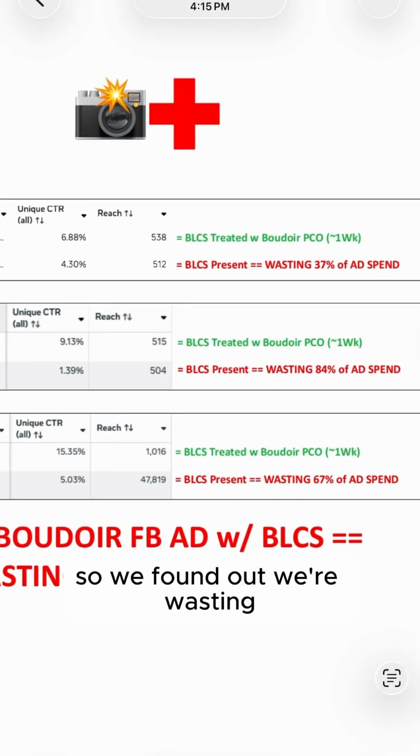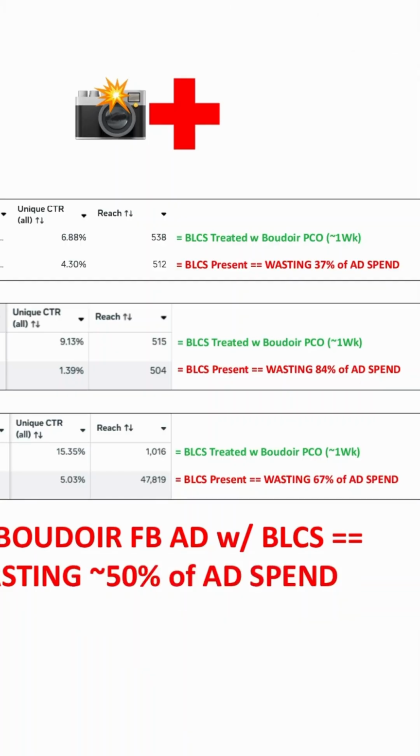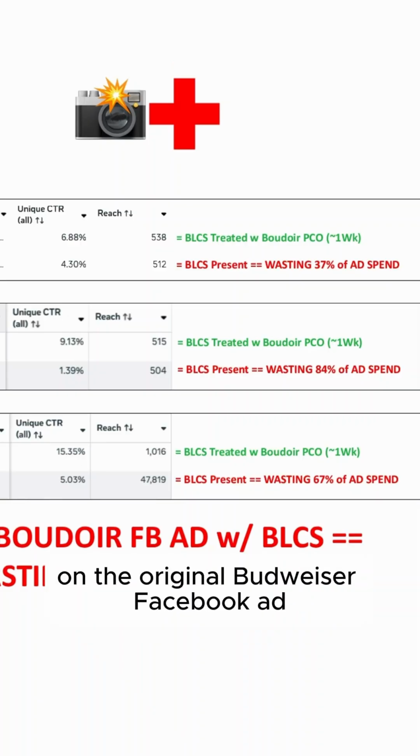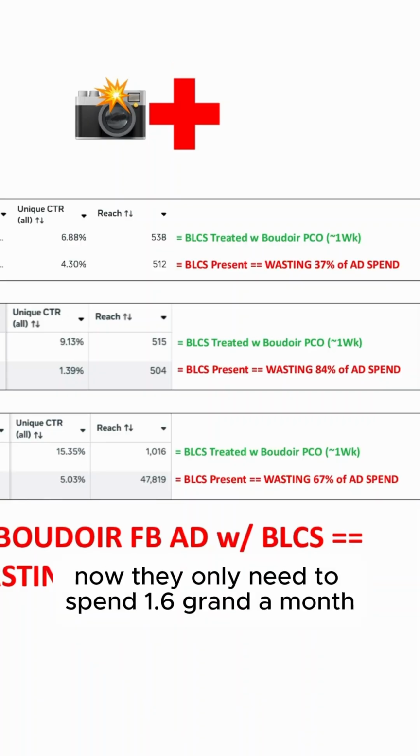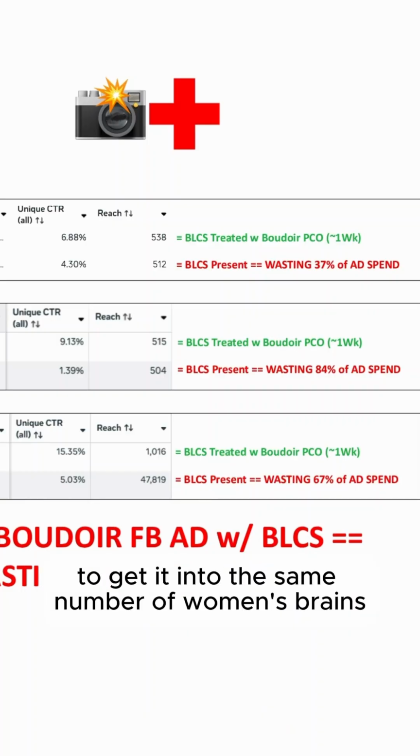So we found out the original Boudoir Facebook ad was wasting 84% of ad spend. So if they're spending 10 grand a month on the original Boudoir Facebook ad, now they only need to spend 1.6 grand a month on the Boudoir Pico treated ad to get into the same number of women's brains.